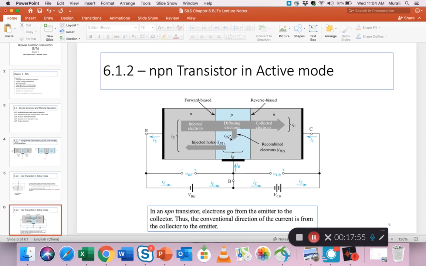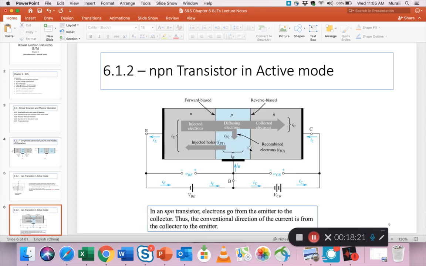IB consists of two components, IB2 and IB1. IB2 is injected holes from the P region going back into the N region. IB1 is recombined electrons: the electrons combine with the holes in the P region and just disappear, which is another component of base current.